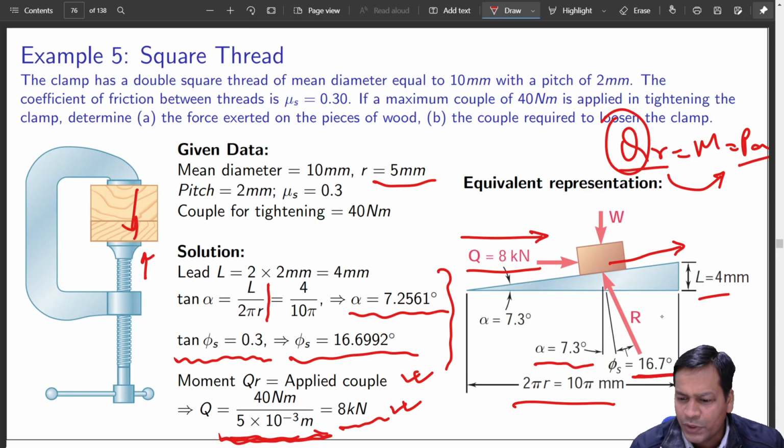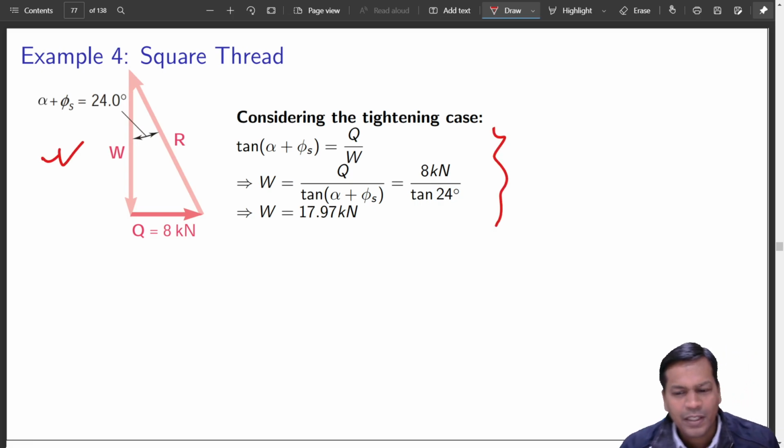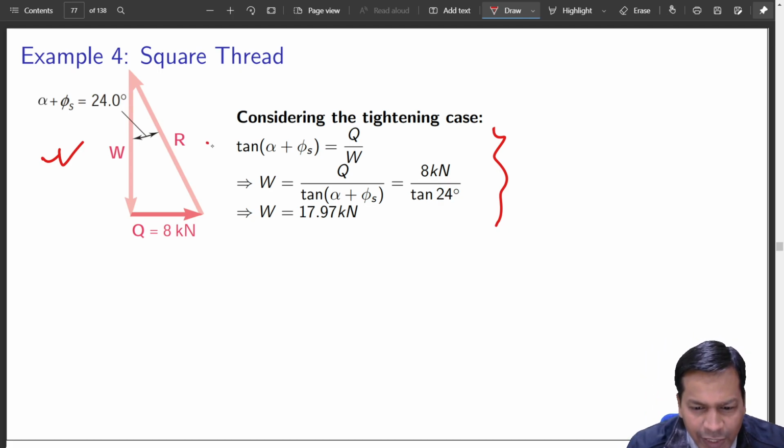Now doing the analysis, immediately you put things in place. You create a force triangle. R direction is given, Q direction is given, W is vertically downwards. I created a force triangle and did this. Considering the tightening case, this is the tightening equation, plus sign if you remember.